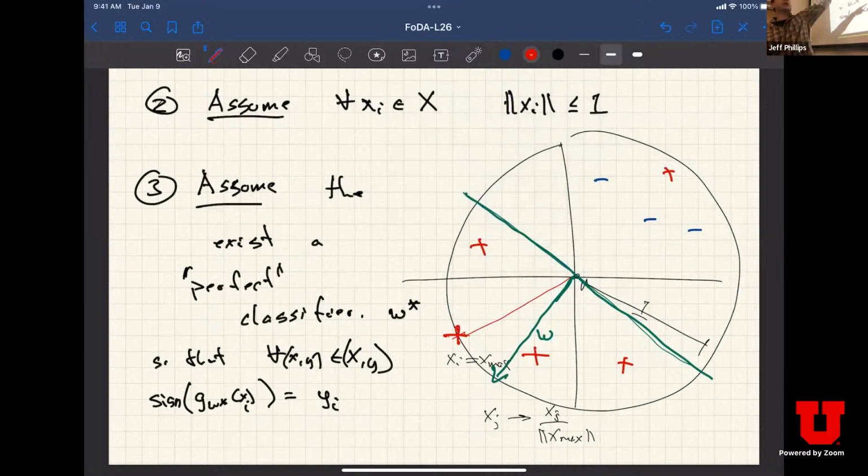That plus point up here is a violation of condition 3. So this violates the third assumption. I can't linearly classify that point from the other points.